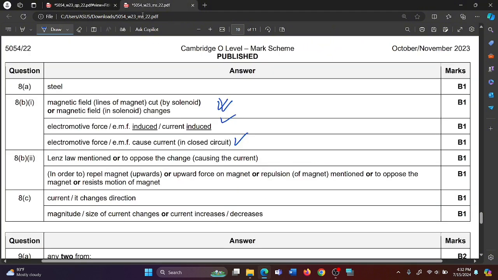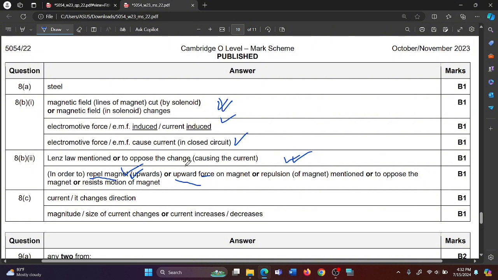Now let's look at the mark scheme. The mark scheme says Lenz's law mentioned or oppose the change. We mentioned Lenz's law, so we got this mark. Repel magnets. Okay, we wrote this, that both S poles repel the magnet, or upward force. We didn't mention upward force, but we did mention a force. Thus, we won't be getting this mark, but as we have written repels the magnet, we will be getting the entire mark, because it's an or, it's not mandatory to write upward force.